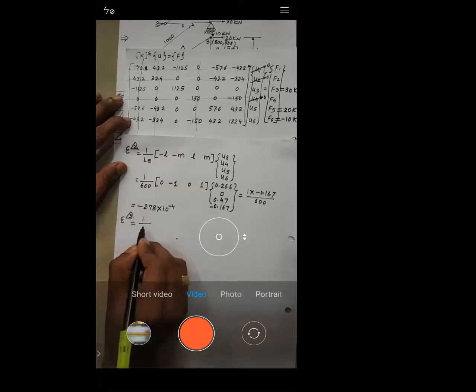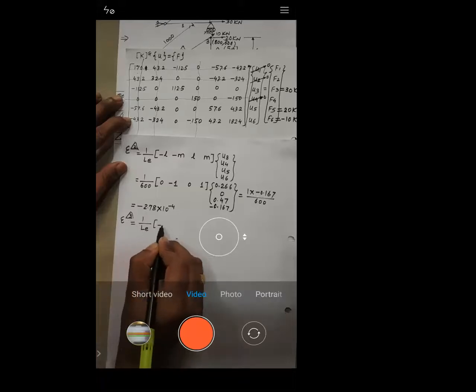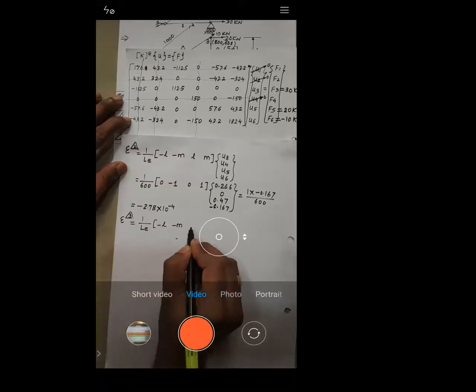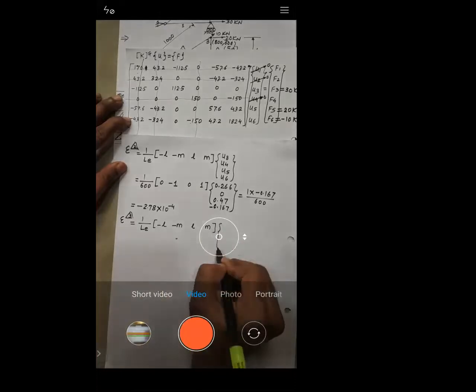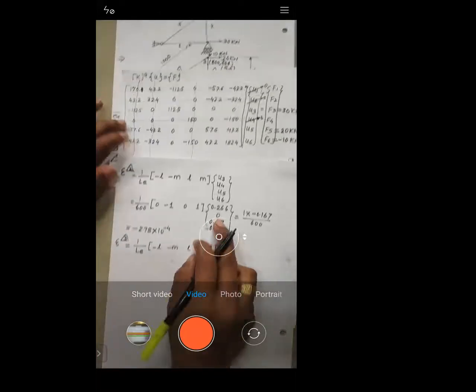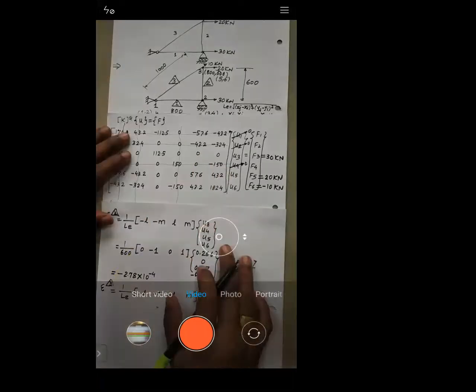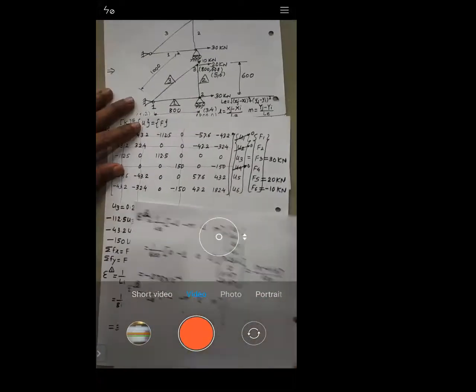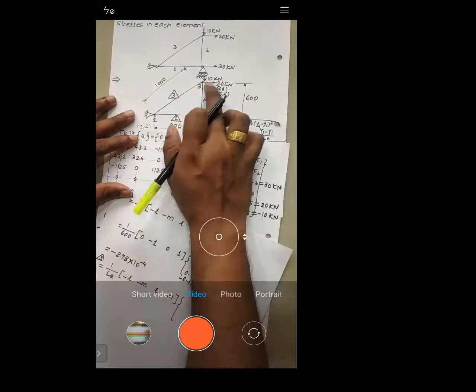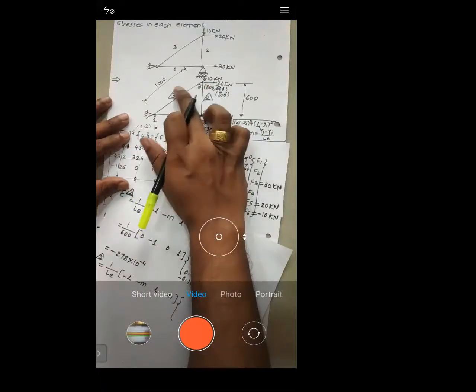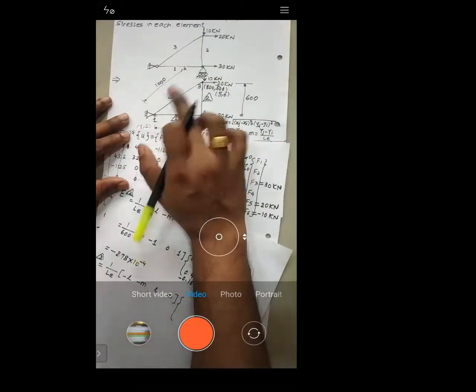Again I will write down the same formula: 1 by LE times [-L, -M, L, M]. Now this is a very important thing. For element number 3, it is between node 1 and 3.